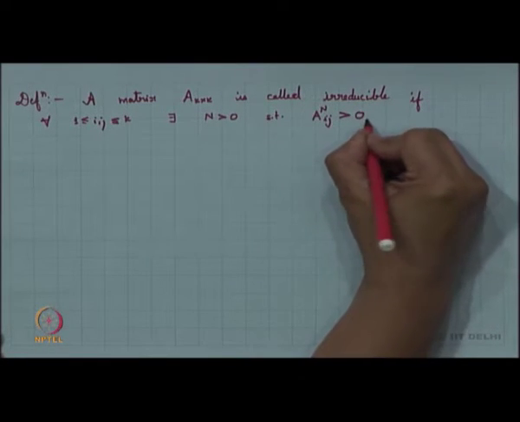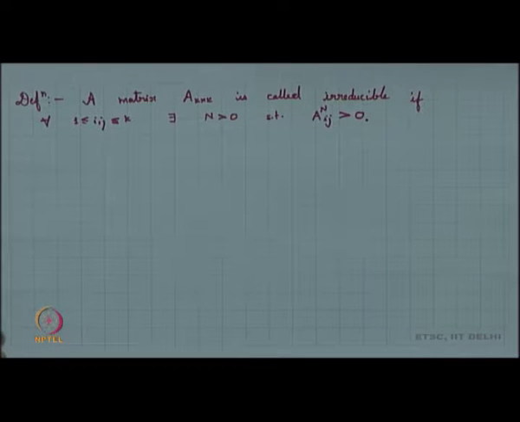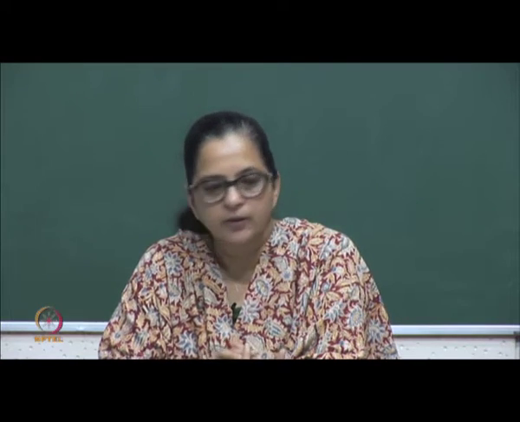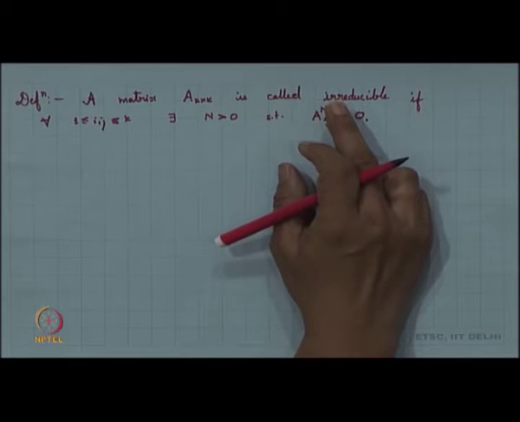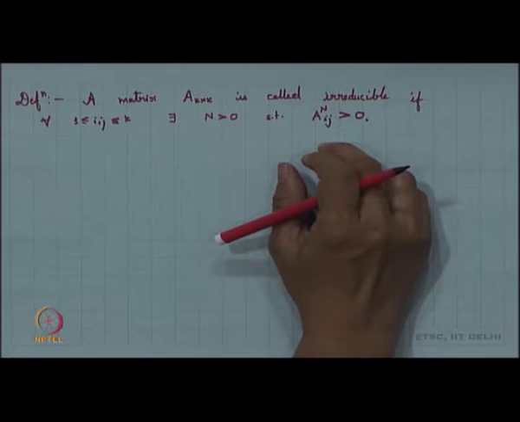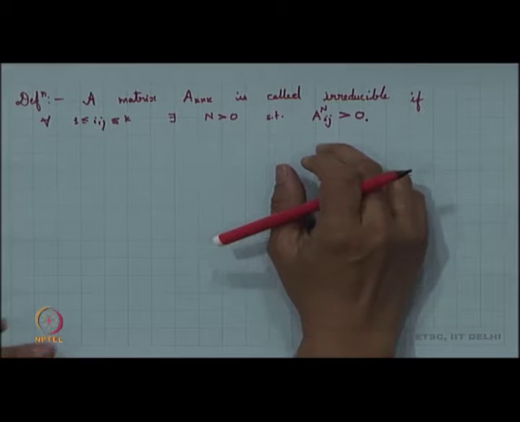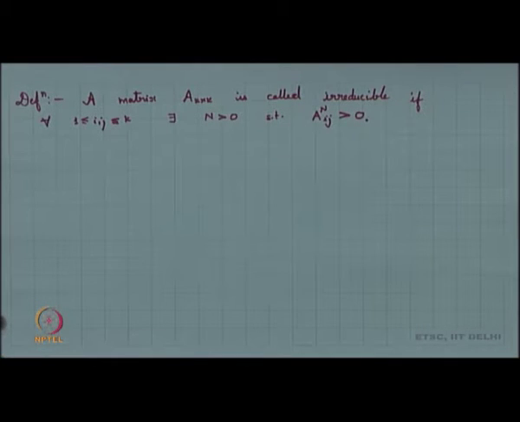So, we say that a matrix is irreducible if for any pair i and j between 1 and k, there is some n such that the ijth entry of A to the power n is positive. That is what is called an irreducible matrix.